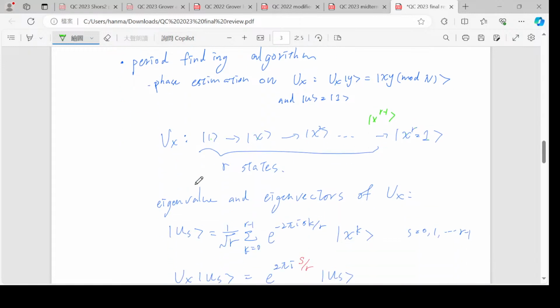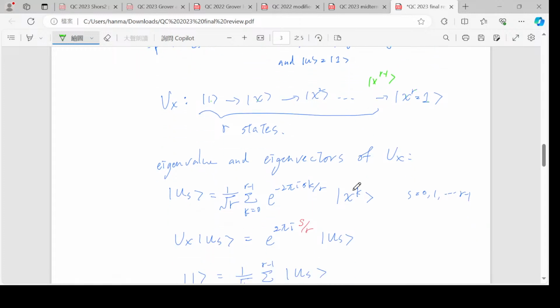From those r states, you can get some linear combination of them that's an eigenstate of U_x.